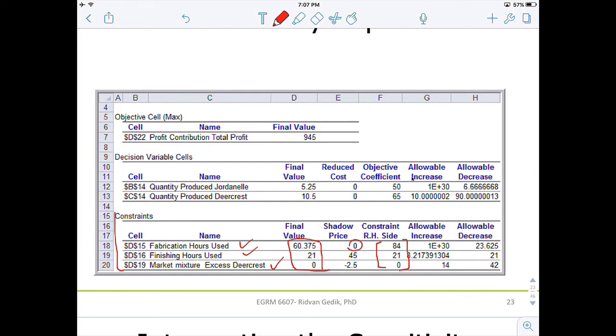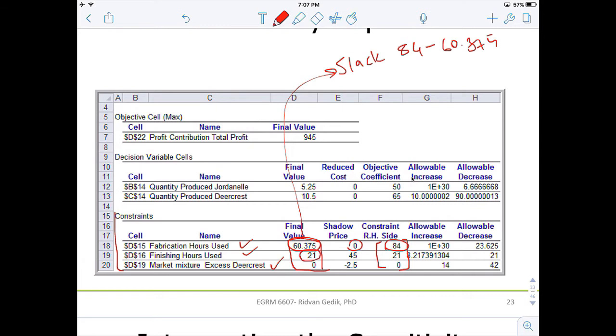What you see here is that this left hand side is not equal to the right hand side of this constraint, therefore there is a slack in the first one, right? The slack here is 84 minus 6.375.